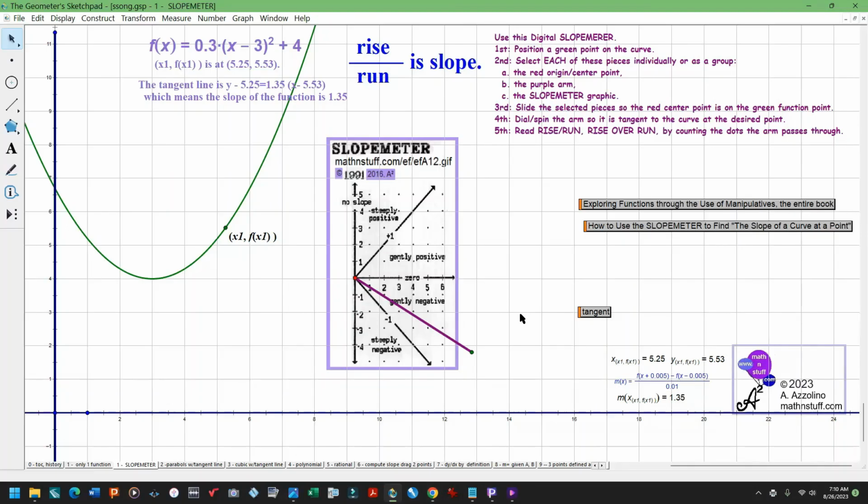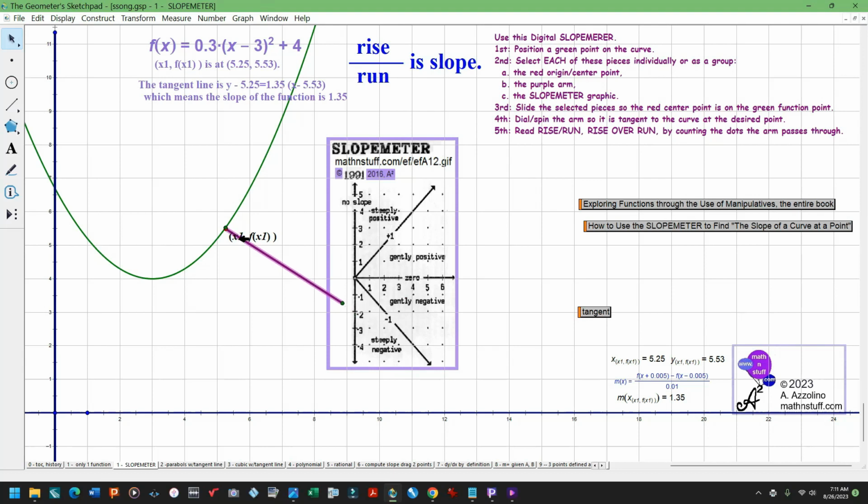This manipulative is digital, and it's harder to work on digital, but it's easier to work with your hands. The masters are all in the book. I'm going to pick up the point and the arm, and I'm going to attempt to pick up the background, and I'm going to see if I can move it.